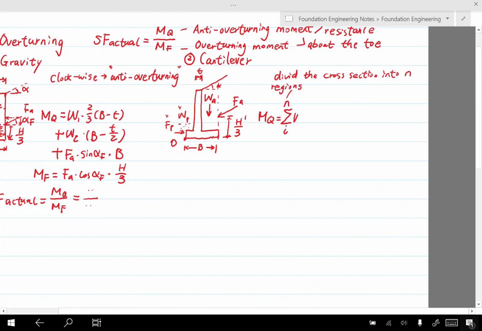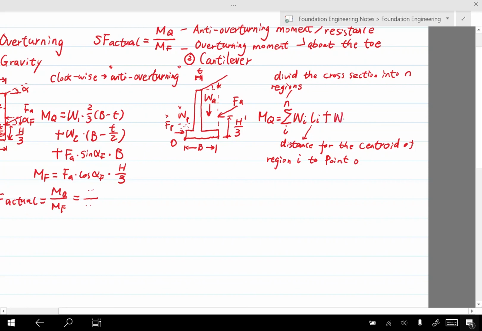For each region, we know the weight of it is Wi, and we also know Li. Li is the distance from the centroid of region i to point O. We still have the weight of the active soil zone.